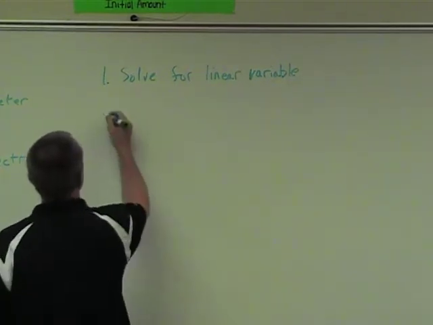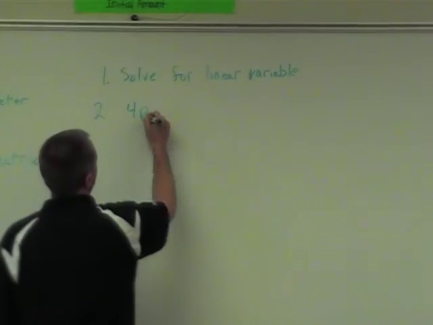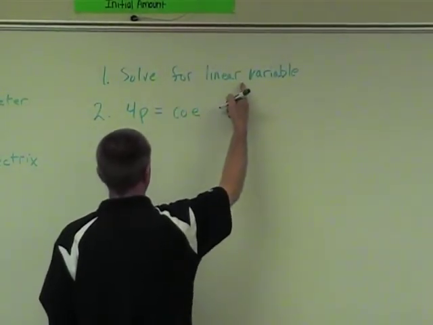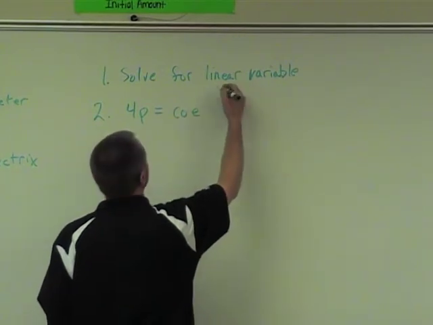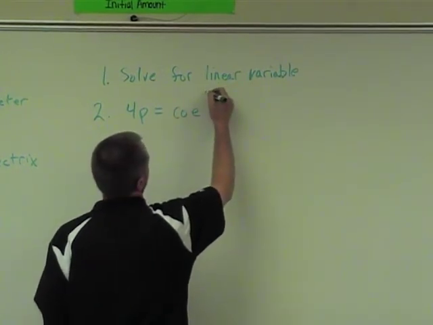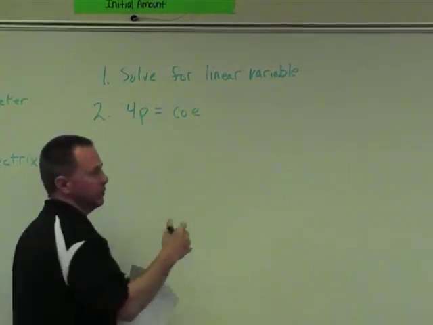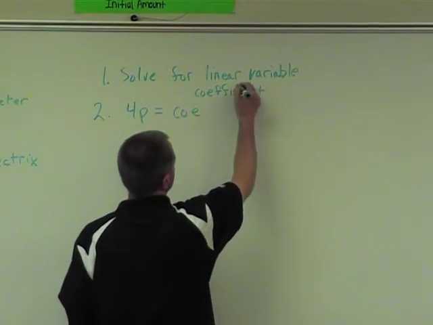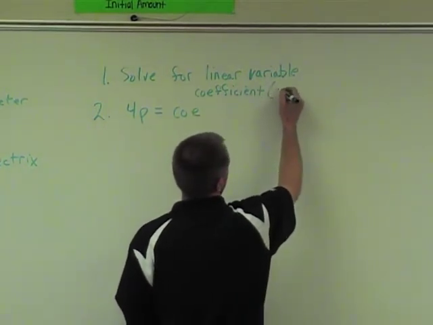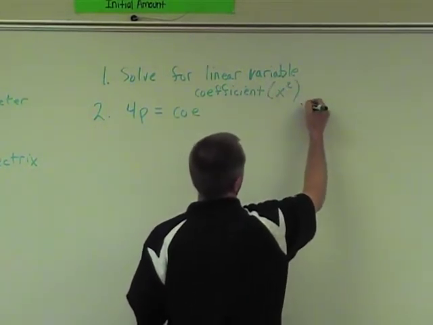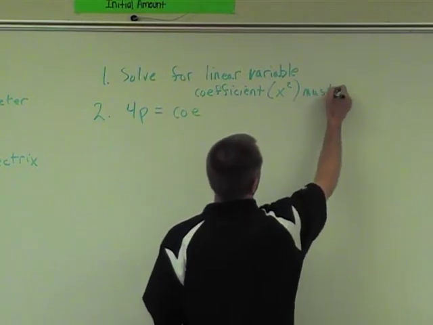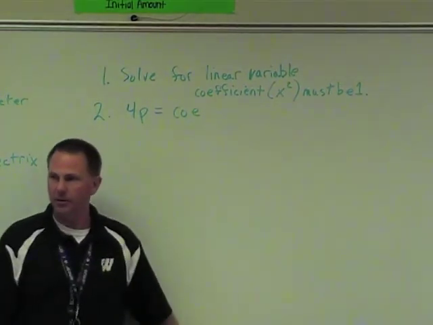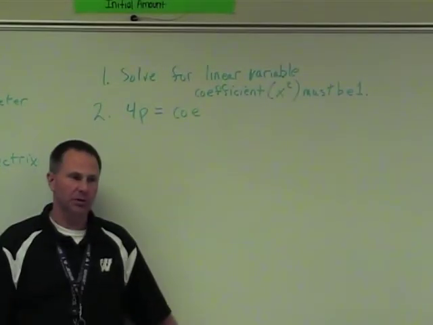Number 2: 4p equals, solve for the linear variable, and the squared term has to be a positive 1 coefficient. So the coefficient on the x squared term must be 1. If it's y squared, then it's y squared. So the squared term has to be a positive 1.